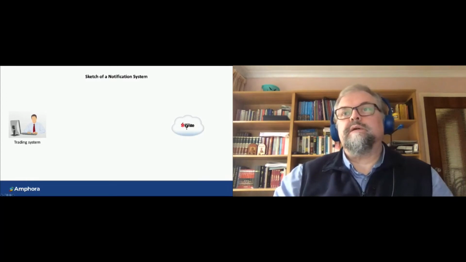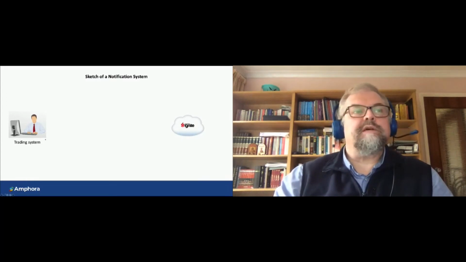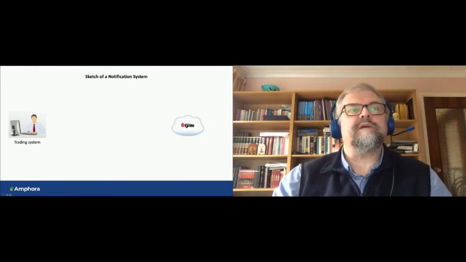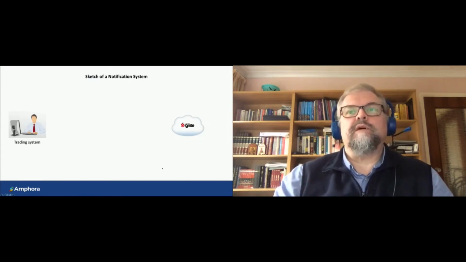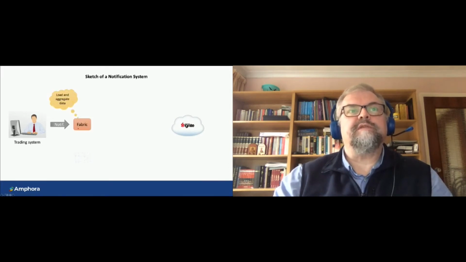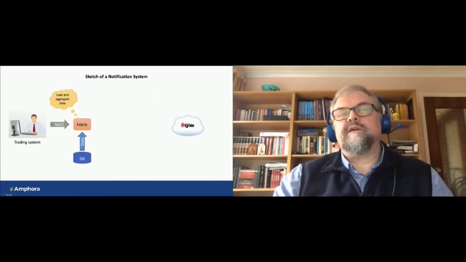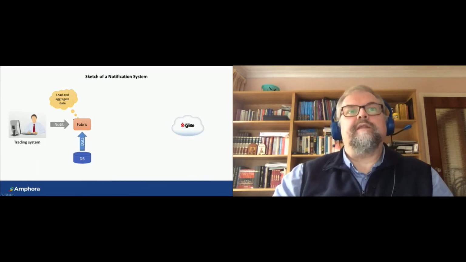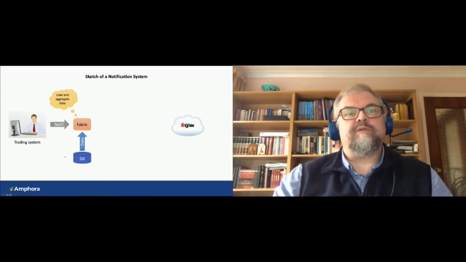So we have an Ignite cluster and we have a trading system. When you see this, think of it like the legacy trading system. Let's see what goes in between. In the trading system, there is a notification being sent. This notification is being received by a service fabric, and this service fabric loads data, which ultimately comes from the trading system, and aggregates it and sends another notification.